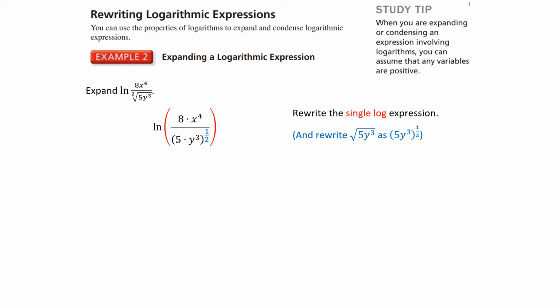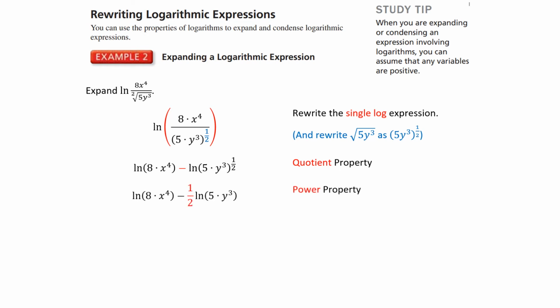Now, I'd like to take the numerator and denominator and separate those through subtraction. That's the quotient property. I'd like to take that 1/2 and bring that out as a coefficient. That's the power property. And inside both of those parentheses, the 8 and the x to the 4th is together with a multiplication.